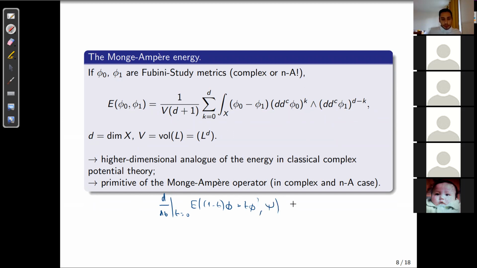And another metric here, this is equal to the integral on X^n of phi prime minus phi against the Monge-Ampère measure of phi. Okay. So this is a primitive in that sense. The Monge-Ampère measure is the dd^c phi to the maximal power.